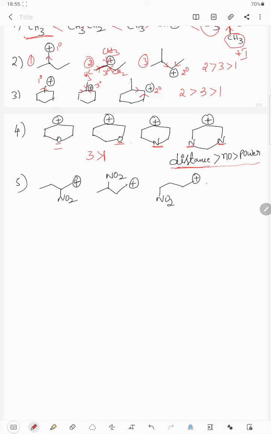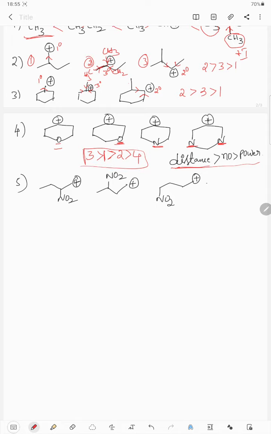Next one: here oxygen and nitrogen are both at the same distances, but in the last example more nitrogens are present, here only one is present, so only one electron withdrawing group. That's why the next one is 2, and the next one is 4. Here there is electron withdrawing character from both nitrogen atoms, but here only one oxygen atom. I hope you understood this example.